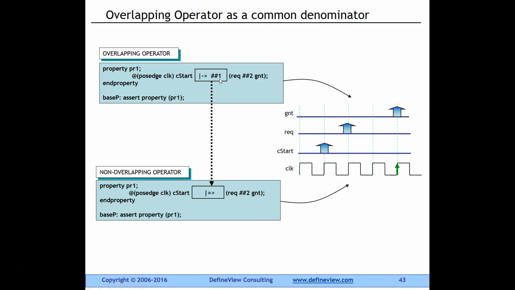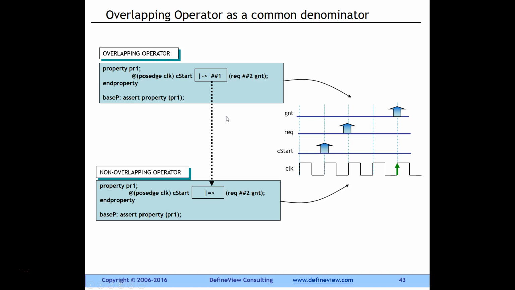So my suggestion is to use overlapping. It is a common denominator. Use overlapping and then use pound 1 if you want the effect of non-overlapping. You cannot go from non-overlapping to overlapping, but you can go from overlapping to non-overlapping. And then in the project-wide methodology, you can suggest that everyone uses only the overlapping operator and then uses a pound 1 if you want the effect of non-overlapping.